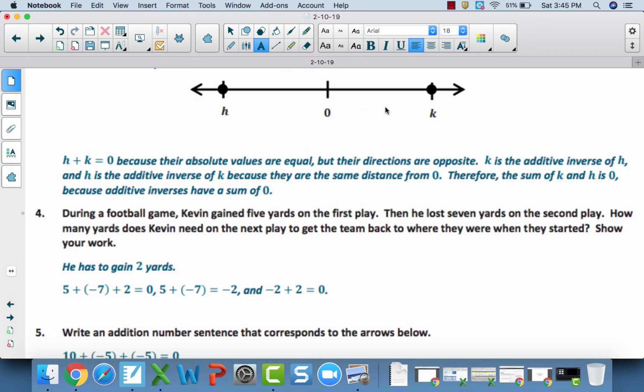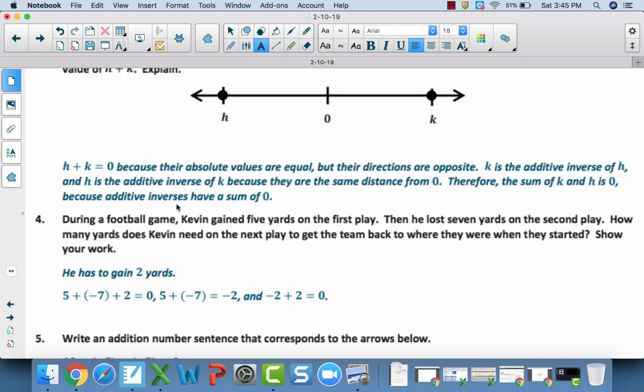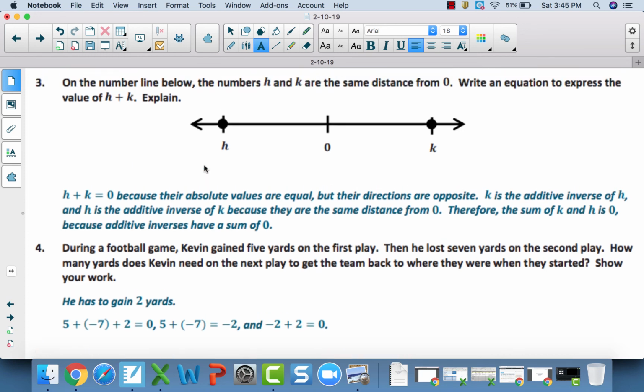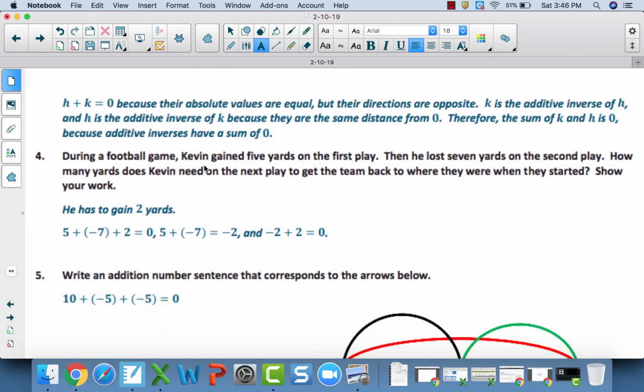Or you could put they're just opposite numbers, so therefore they get 0. K is the additive inverse of H, and H is the additive inverse of K, because they're the same distance from 0. Therefore, their sum is 0, because additive inverses have a sum of 0. I really want to encourage you guys to use this term additive inverses heading forward in your explanations.